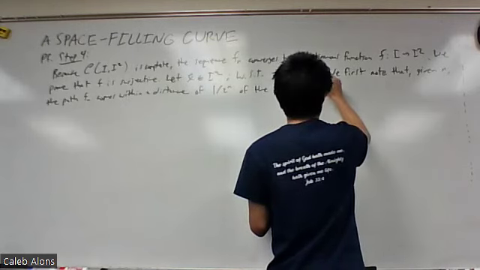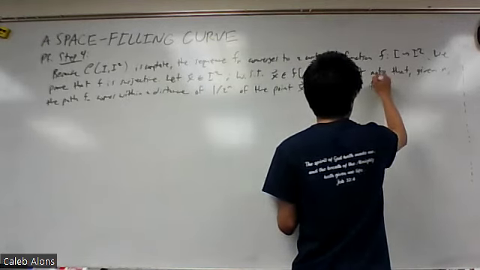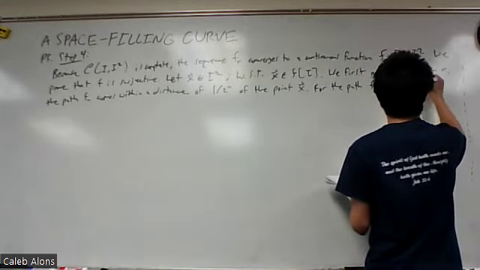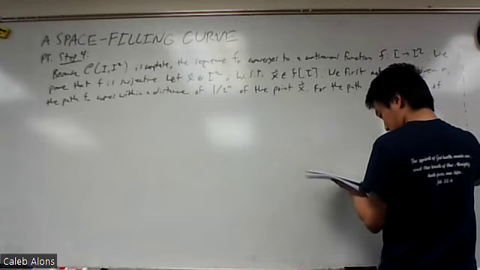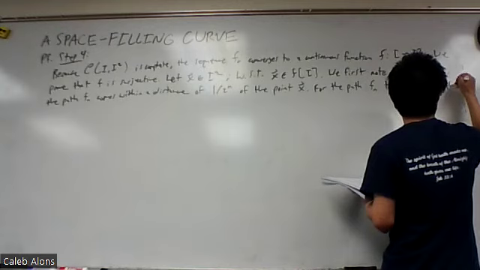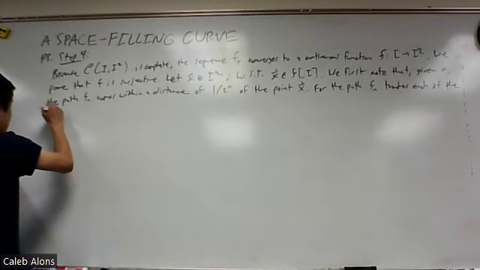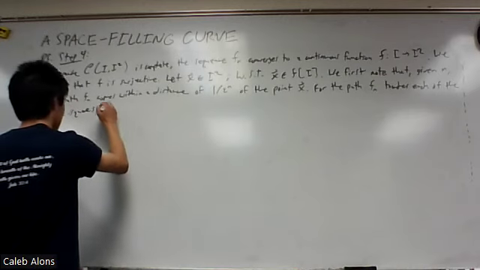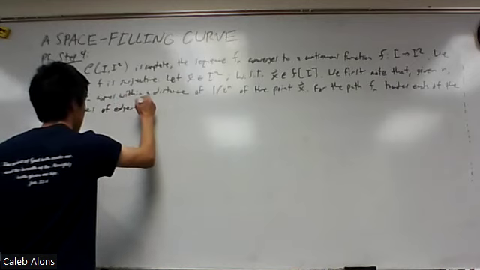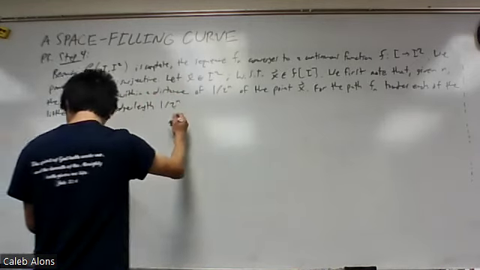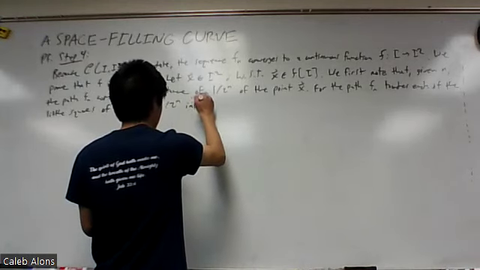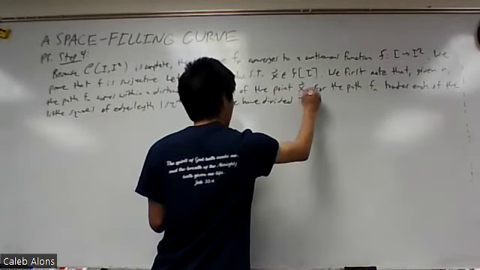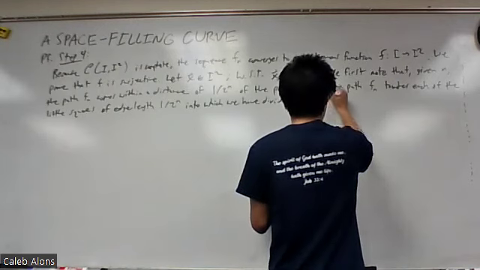So the path fn touches each of the little squares of edge length 1/2 to the n into which we have divided the square.